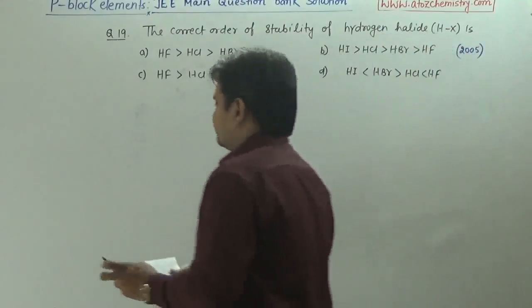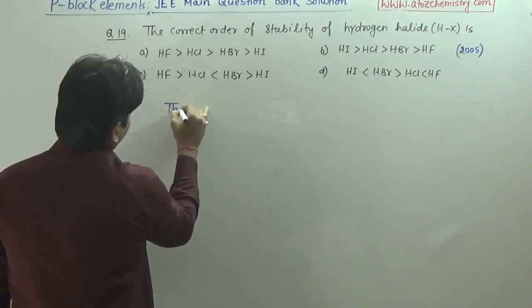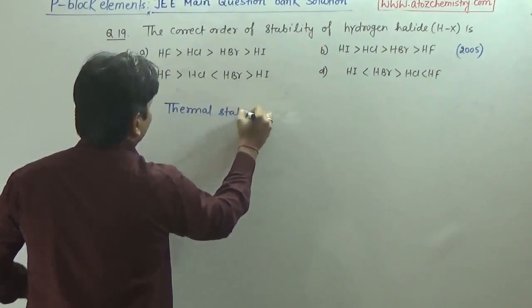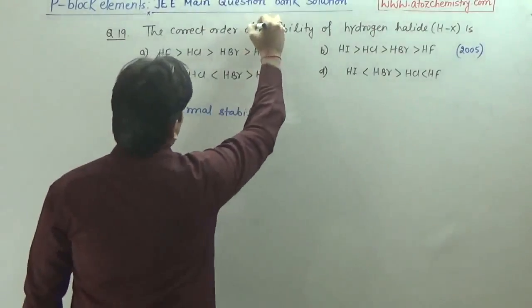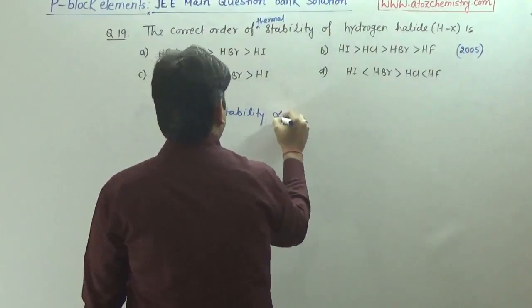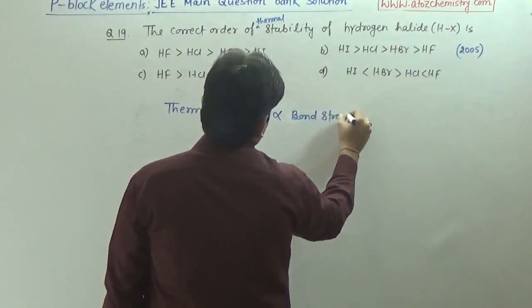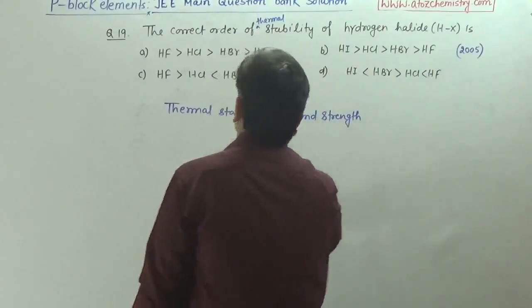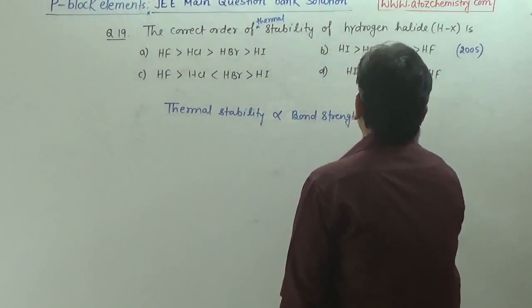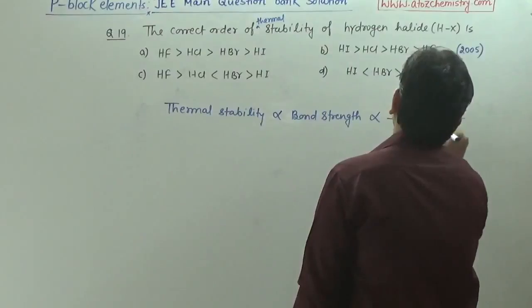If we solve this question, you probably know that thermal stability is asked in the question. Thermal stability is directly proportional to bond strength. A chemical species in which bond strength is higher, thermal stability will be higher, and bond strength is inversely proportional to size of atom.